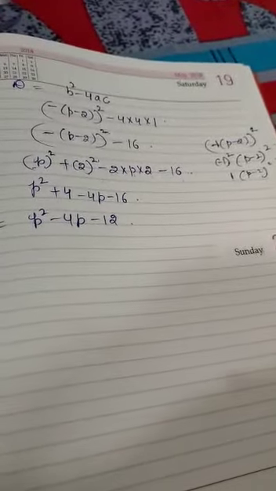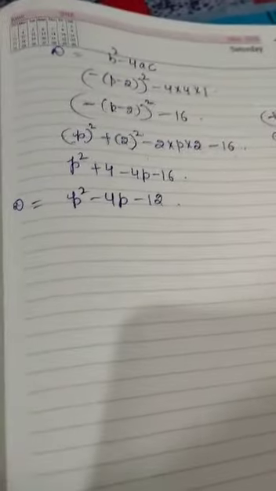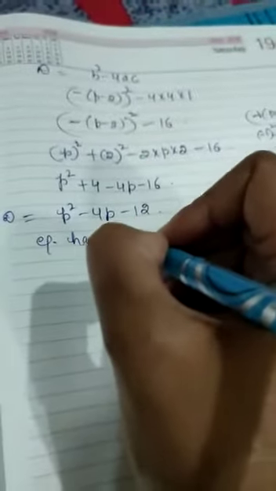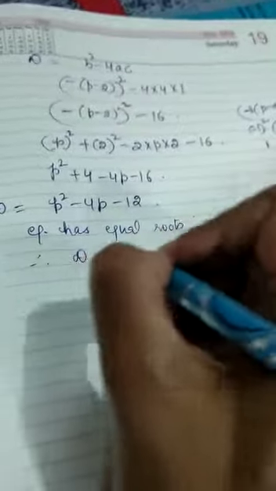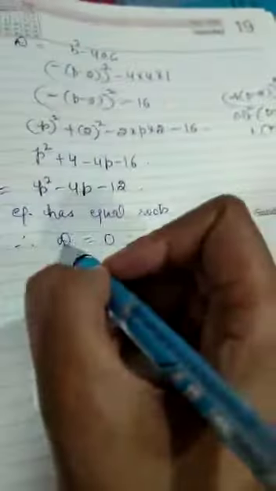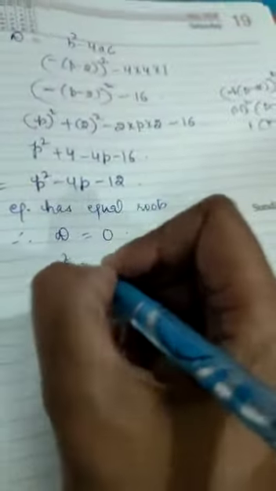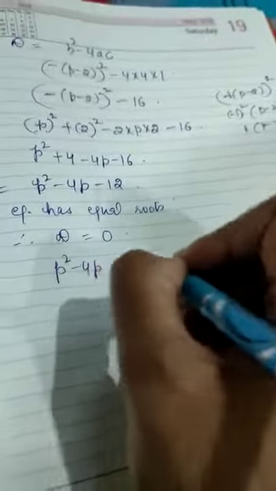Now the condition is that the equation has equal roots, so the discriminant equals 0. The discriminant is p square minus 4p minus 12 equals 0.